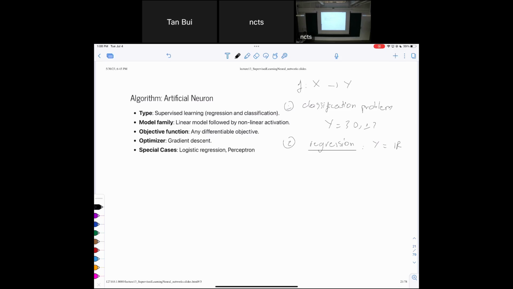And remember that in supervised learning, we need to provide both x and y, right? xi, yi. This is a given.